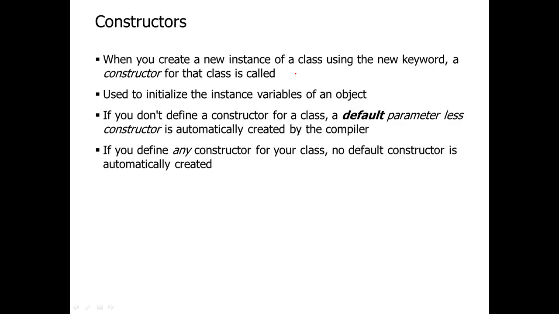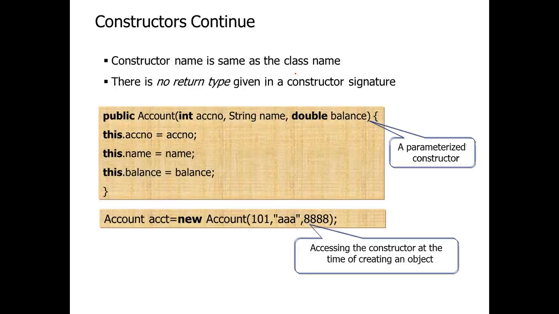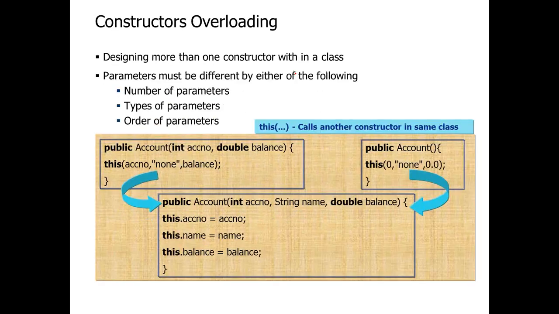Alright, so continuing the same discussion on constructors, we have seen that we can overload constructors. And you can initialize the object in more than one way. So you can pass multiple parameters.